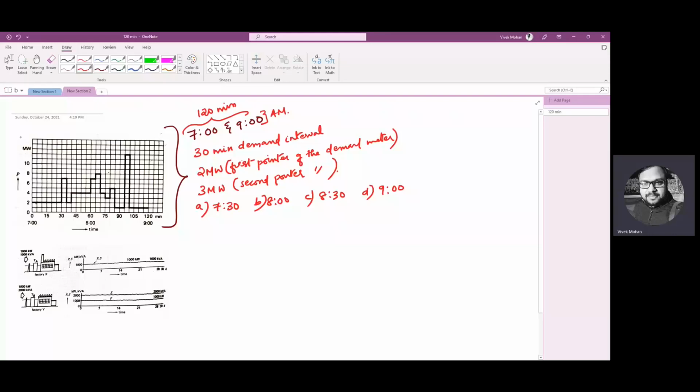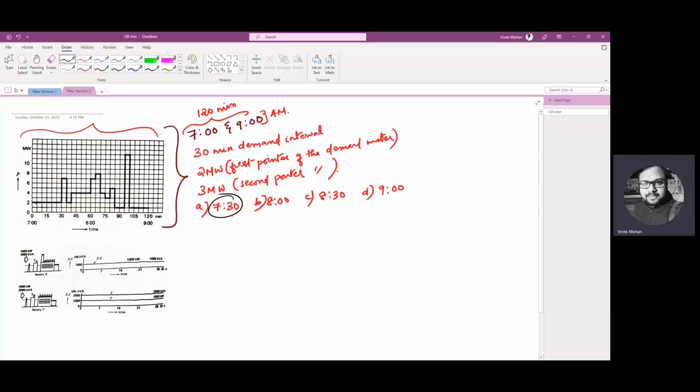Seeing the plot given, the active power drawn by a large factory between 7 and 9 a.m., what can be the average power, or average demand, between 7 and 7:30? Because you are asked to find the reading at 7:30 in part A. It is 2 megawatts from the plot.